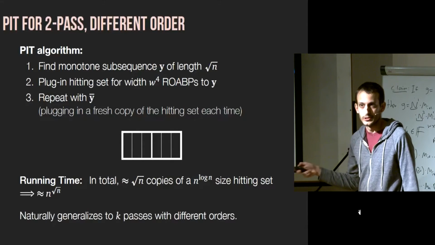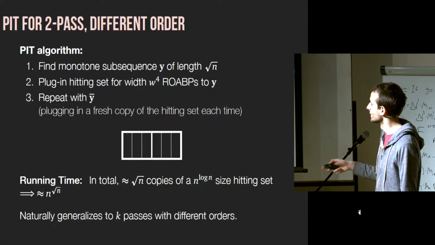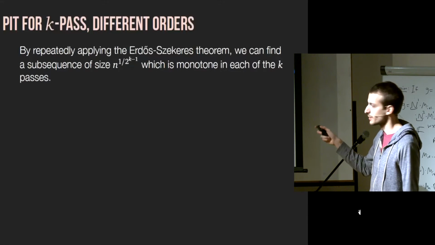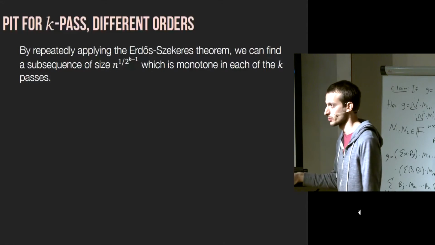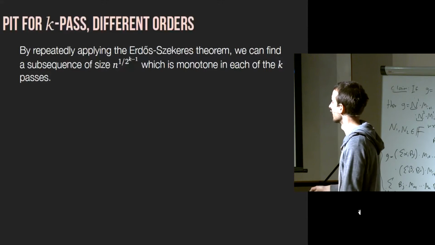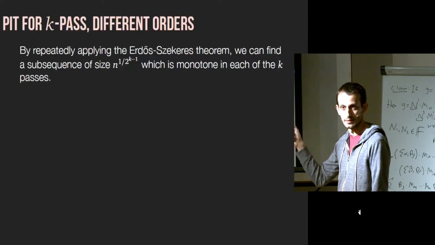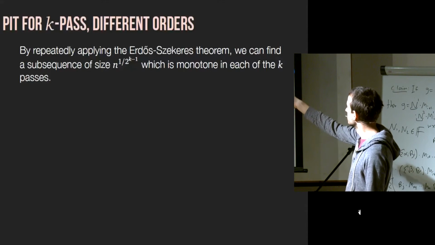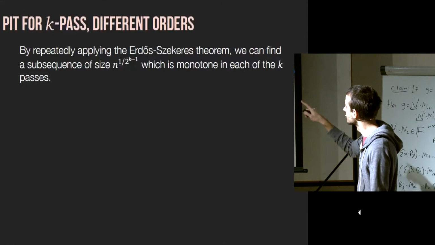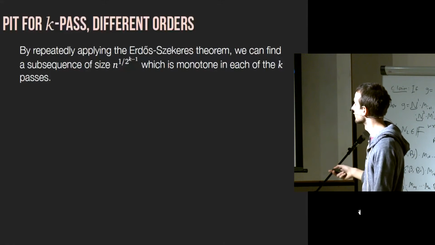And this generalizes to k-passes, right? Because you can just apply the Erdős–Szekeres lemma that lets you find the monotone sequence repeatedly. Each time you lose this square root factor, and so your monotone subsequence turns out to be pretty small, that's n to the 1 over 2 to the k roughly.